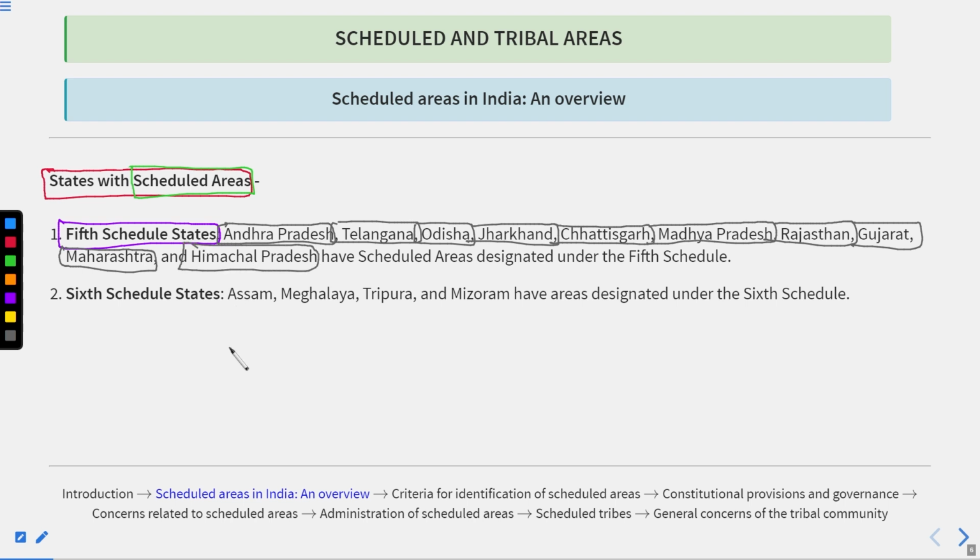These are the states having the scheduled areas designated under the fifth schedule. 1, 2, 3, 4, 5, 6, 7, 8, 9, 10. These states are 10 in number.